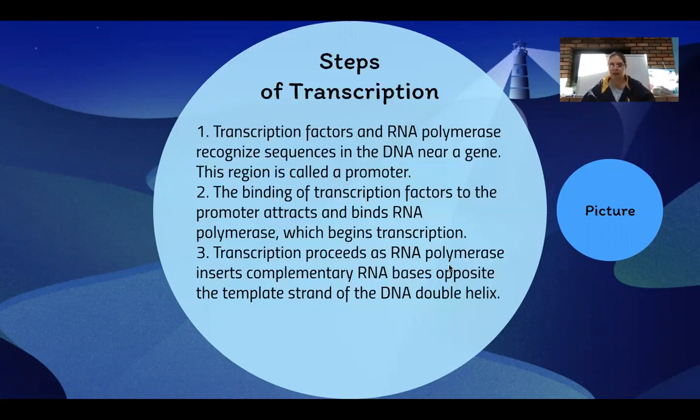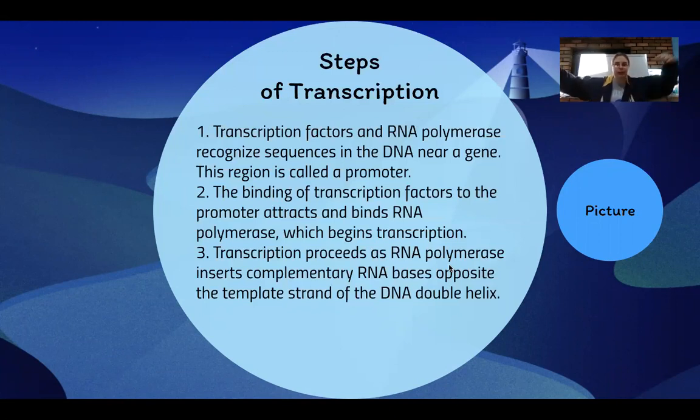And then we have RNA polymerase. Now, RNA polymerase, like DNA polymerase, is going to come and help us to actually build the strand. We'll get to that in a moment. And what happens is these can recognize a certain region of DNA near a gene, usually near the beginning of the gene. We call this a promoter sequence. And this promoter sequence is very important because it pretty much says, hey, attach here.